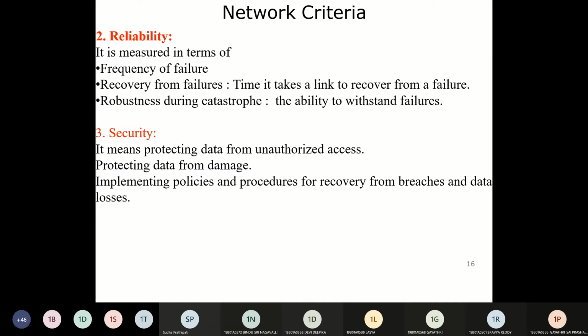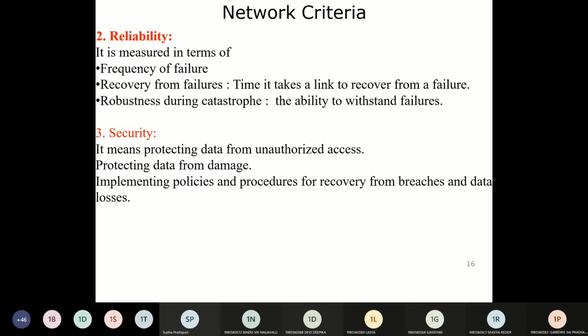And implementing policies and procedures for recovery from breaches and data losses. Breaches means intruding. So an unauthorized person entering into the network and trying to retrieve the data, and data losses. So implementing certain policies and procedures, all that comes under security. Protecting the data from unauthorized people, and also protecting data from damage, and also implementing protocols.